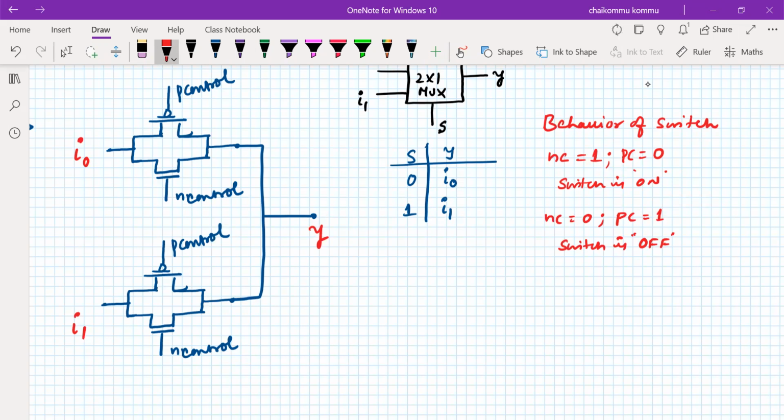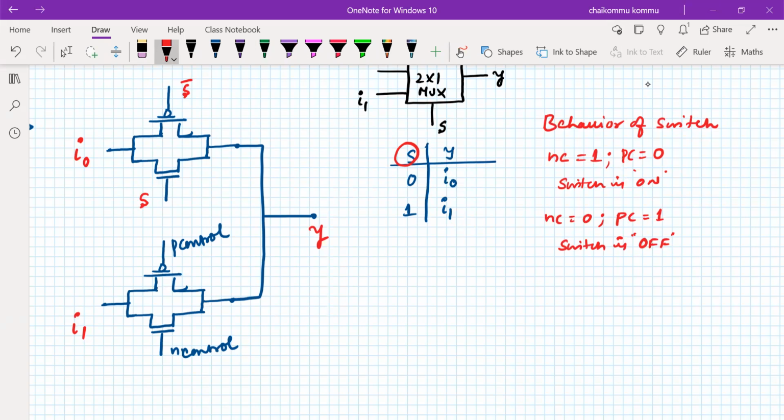So for the n control, logic 1 is required. Whether it is logic 1 or logic 0 depends upon the variable called S. For example, if I write S for the NMOS gate, the other must be S bar.